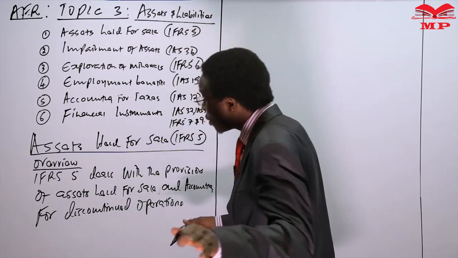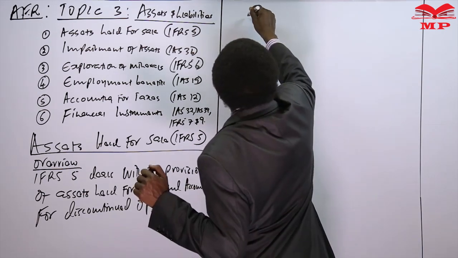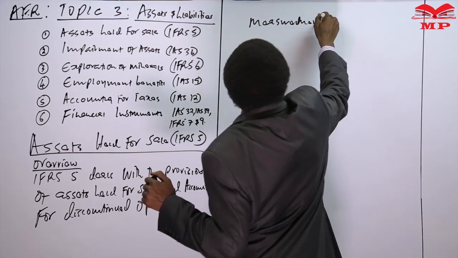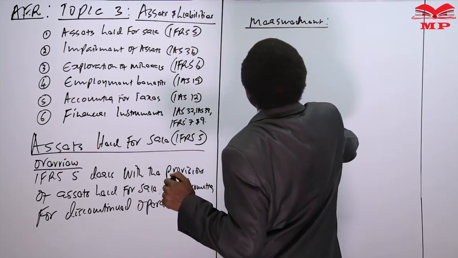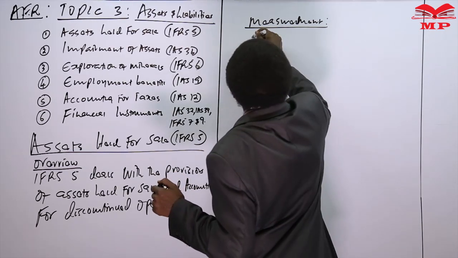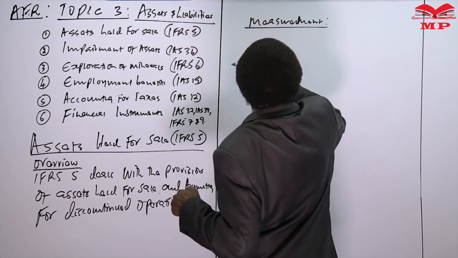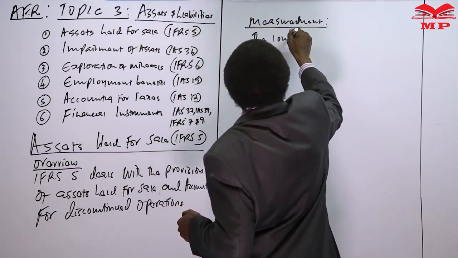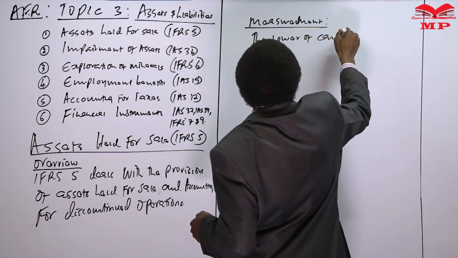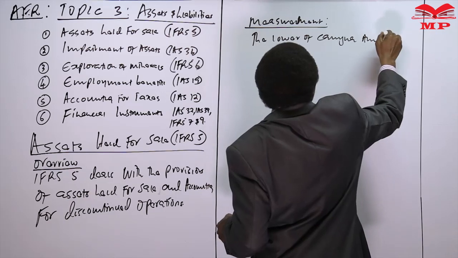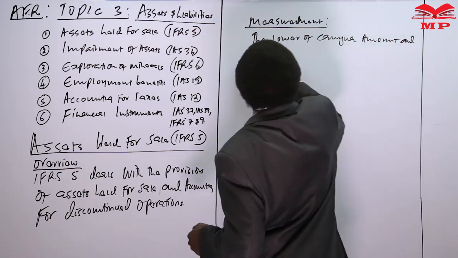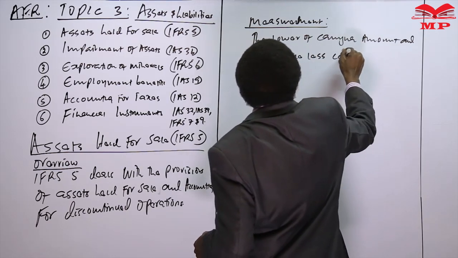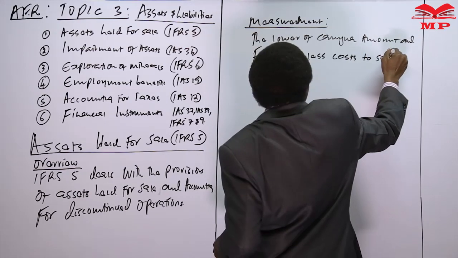But before that, I need to remind you that the measurement of assets held for sale, initial recognition and measurement, will be the lower of carrying amount and fair value less costs to sell.